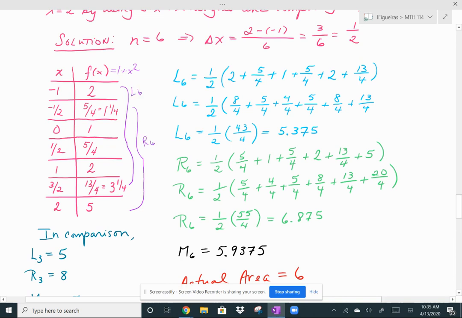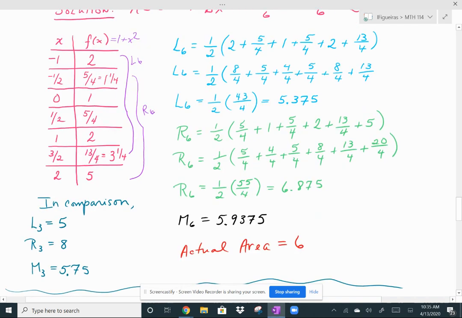So same idea, you have the width, which is a half, then you add up all of the heights from 5/4 all the way up to 5, get a common denominator of 4 right here. Simplify, you have that the estimated area is 6.875. Now for M sub 6, you would have to do the same work we did above.